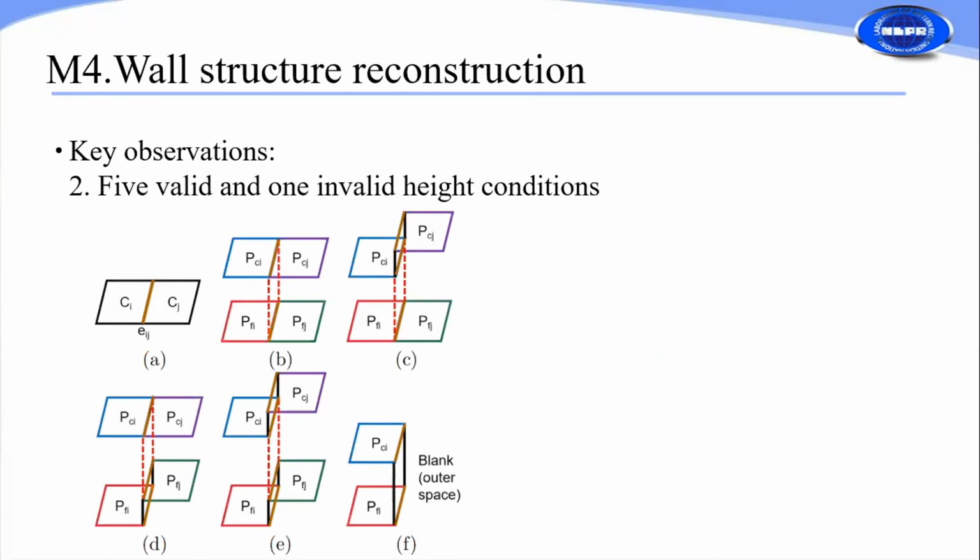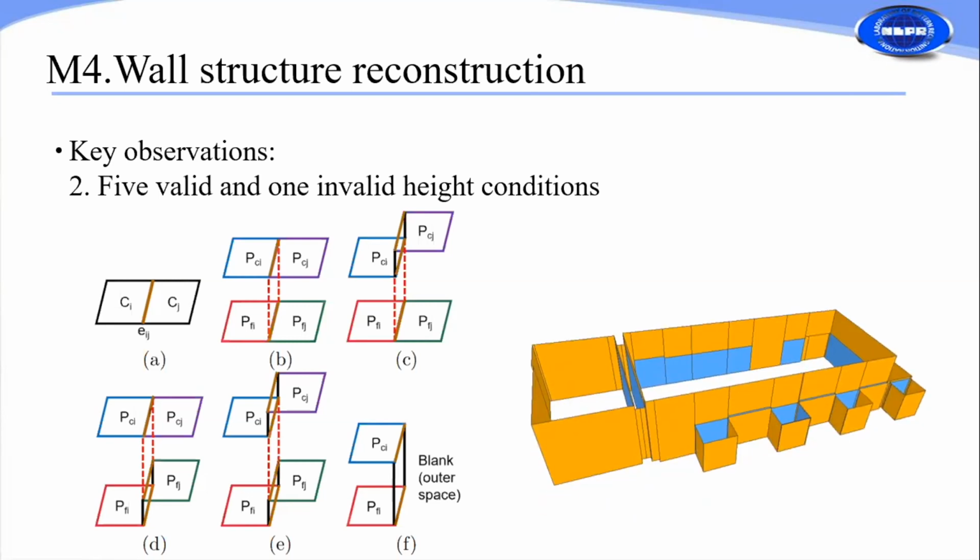These height differences are recovered for the model, and whether to recover others marked with red dashed lines is unsure. As shown in the right pictures, the orange walls are those with valid height difference, and the blue ones are uncertain walls.